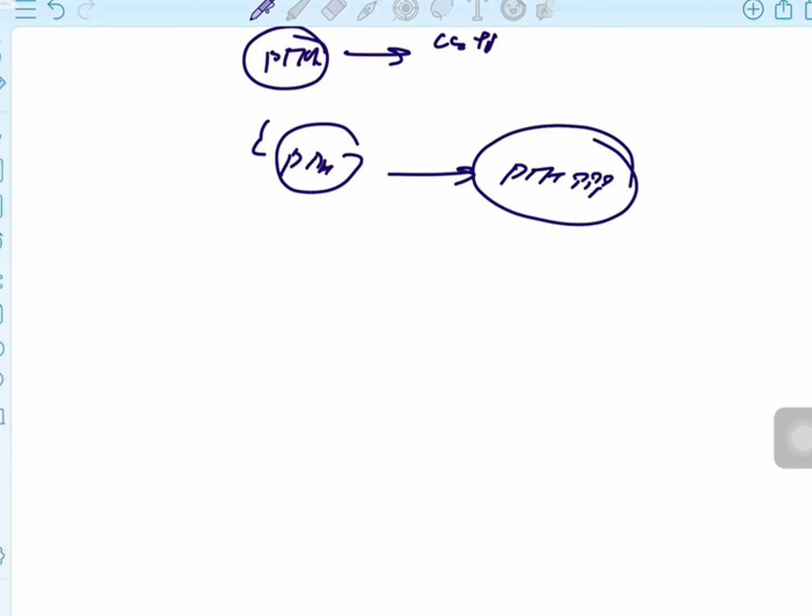You will see that in this patient the symptoms are of low calcium, but in the labs there is a high level of parathyroid hormone. So this person who has a low level of calcium and a high level of parathyroid hormone, this condition is known as pseudohypoparathyroidism.